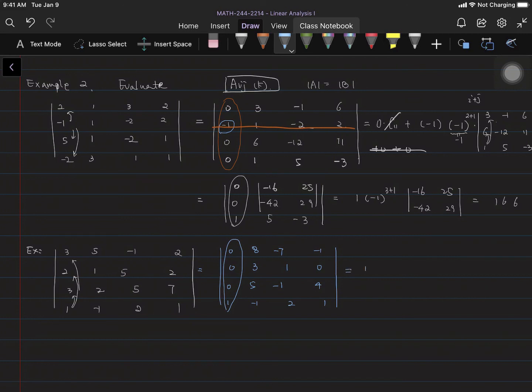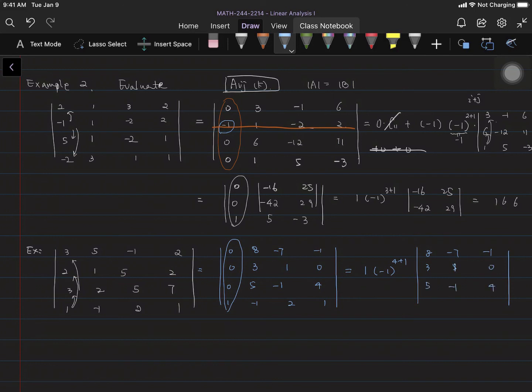And it's going to be 1 times cofactor. And the cofactor sign is determined by 4 plus 1. That's i plus j. And then times the 3 by 3 determinant. Let's see. 3, 1, 0 here. 5, negative 1, 4, right?